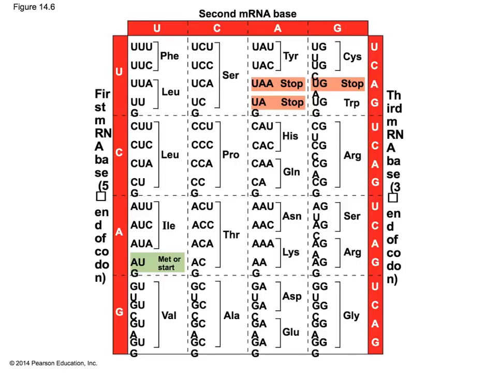Okay? Questions on the codons themselves. All right, the basics of it. Yeah. Why is there 1 start but 3 stops? For the structure of mRNA, in order for it to get out of the nucleus, that first codon needs to be a methionine.